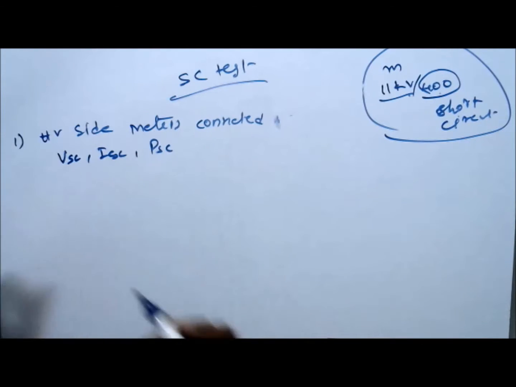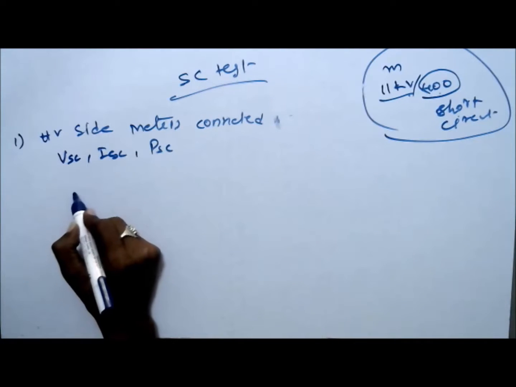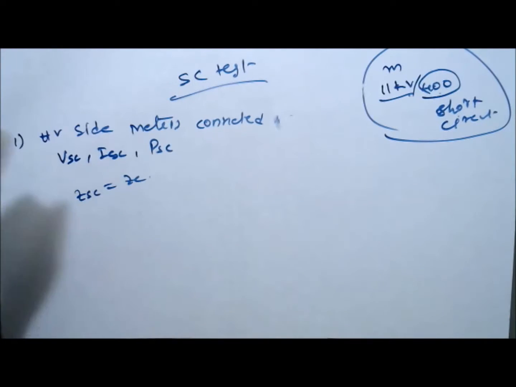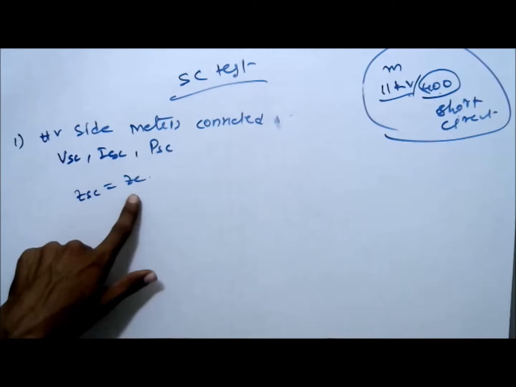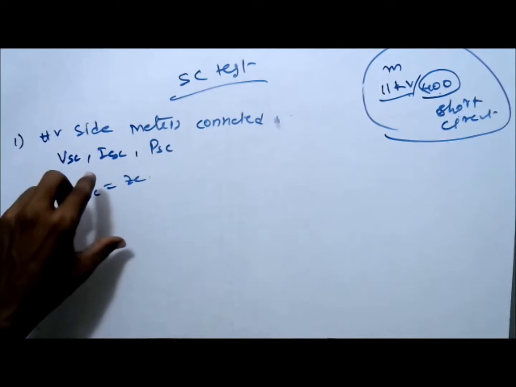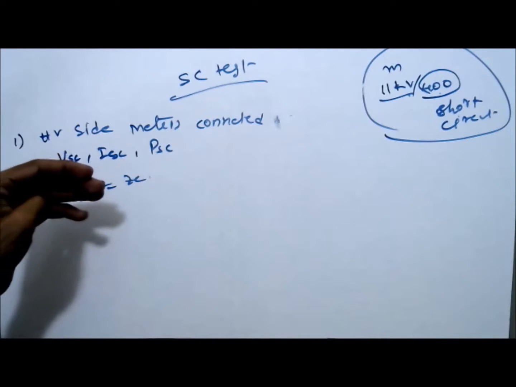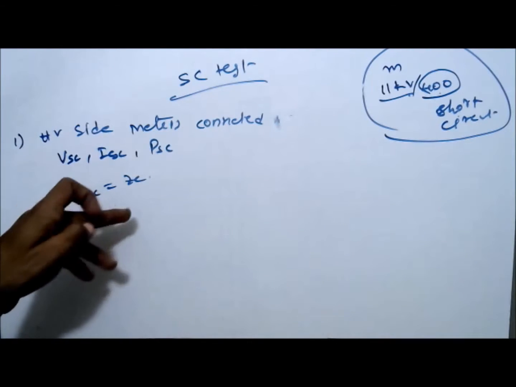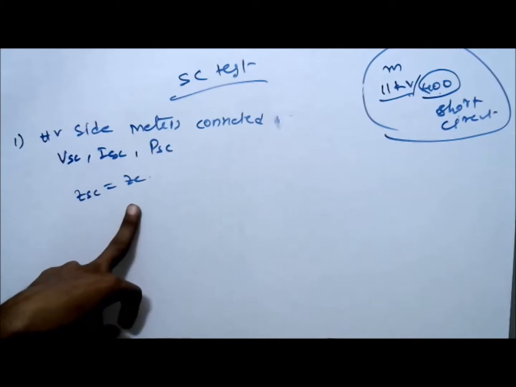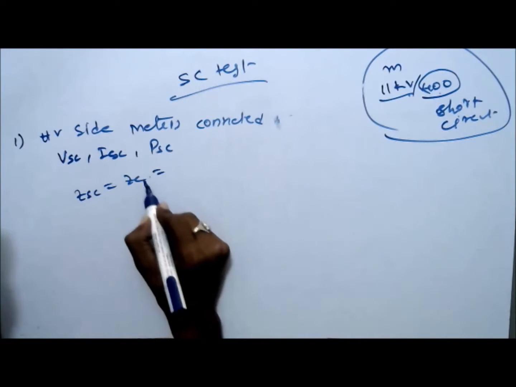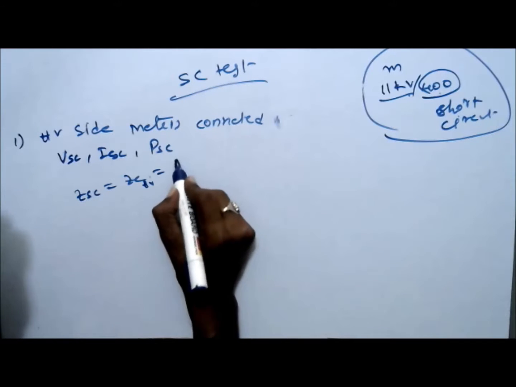Now can I write ZSC or Z equivalent? This Z equivalent is obtained on whichever side the meters are connected. Here the meters are connected at the HV side, so this is the equivalent impedance referred to the HV side, which is equal to VSC divided by ISC.